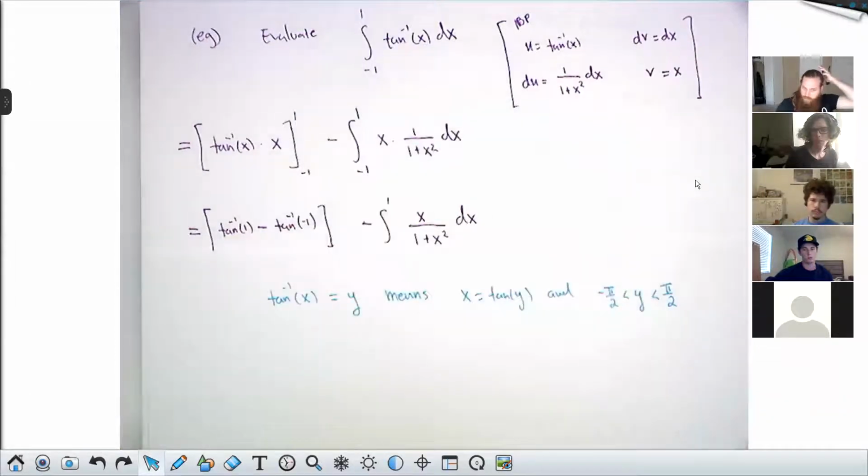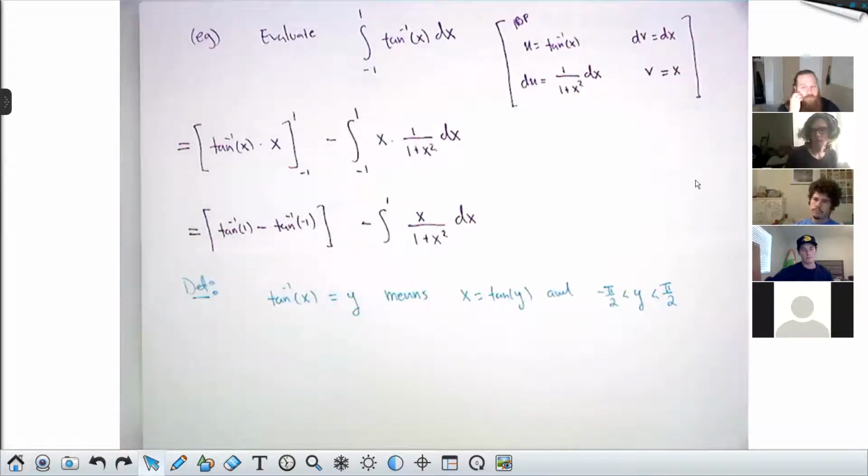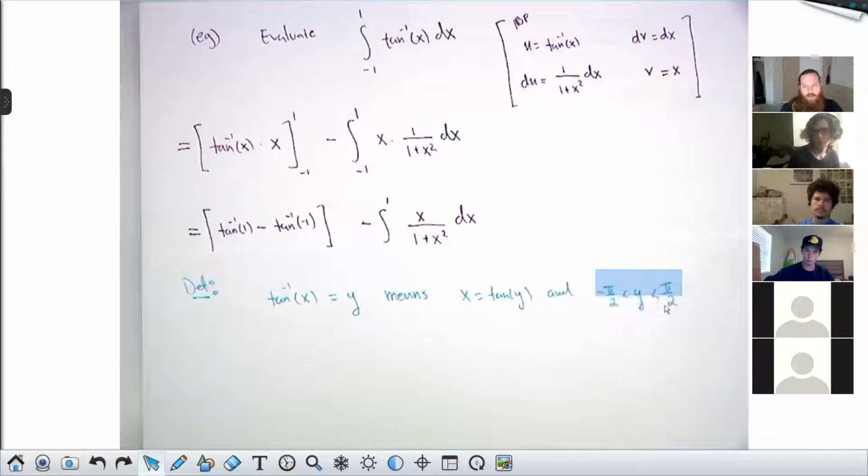This is the definition of the inverse tangent function. So the inverse tangent of 1 is the angle such that the tangent of that angle is equal to 1, and that angle is between -pi/2 and pi/2. So what angle between -pi/2 and pi/2 has tangent 1?